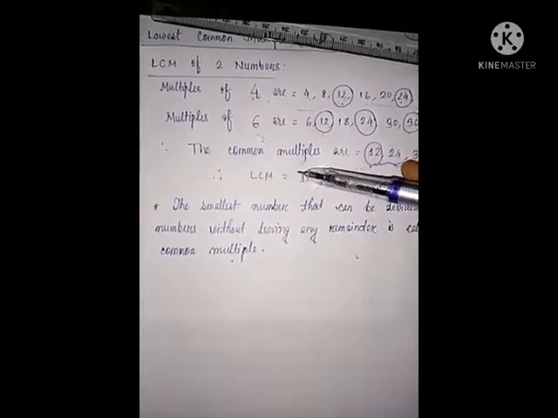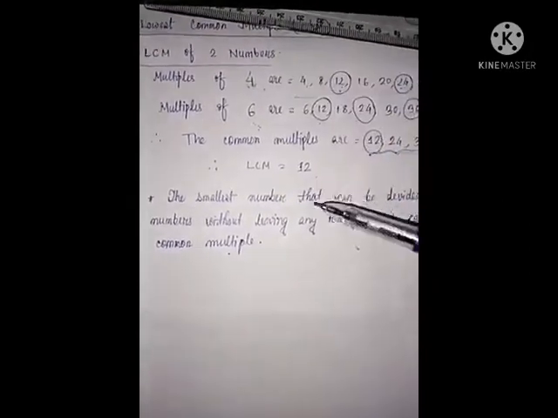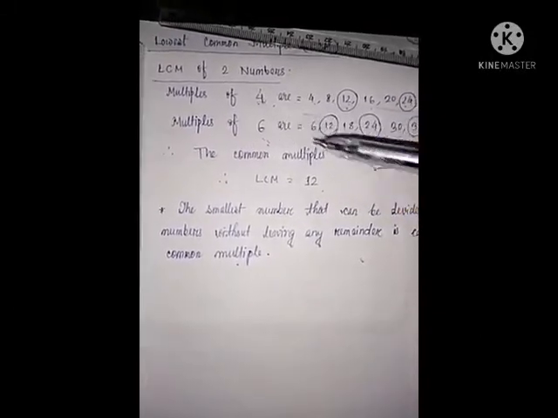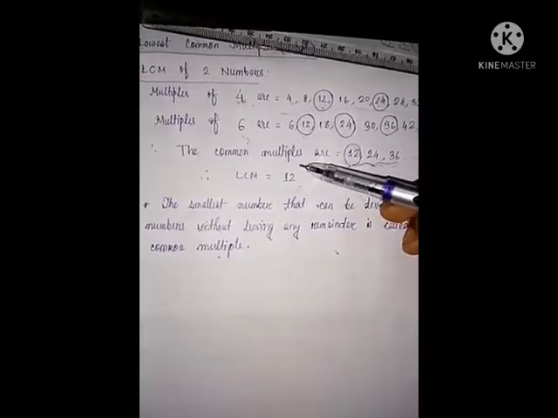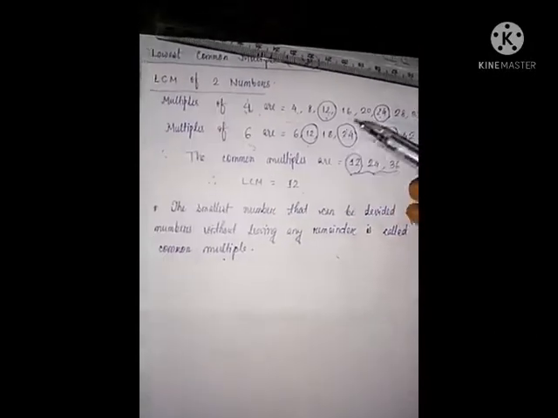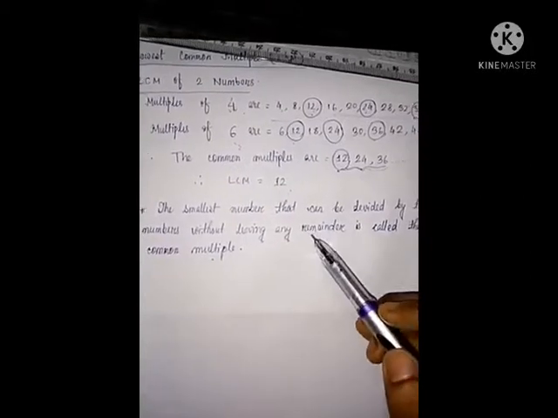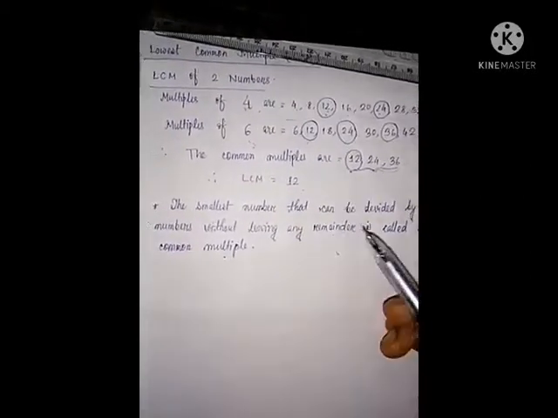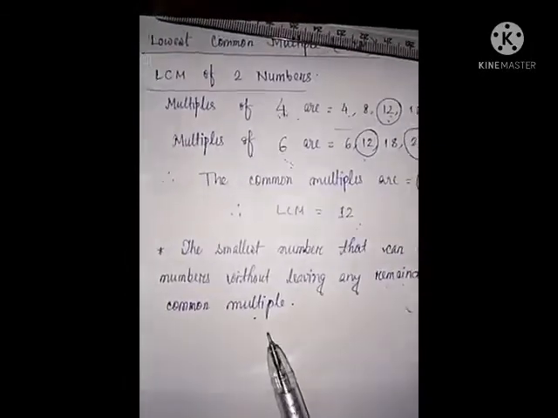See, 12 is divisible by both 4 and 6. 4 3s are 12 and 6 2s are 12. So if we divide the smallest number by the given numbers, there will be no remainder. Understand? That smallest number is known as the lowest common multiple.